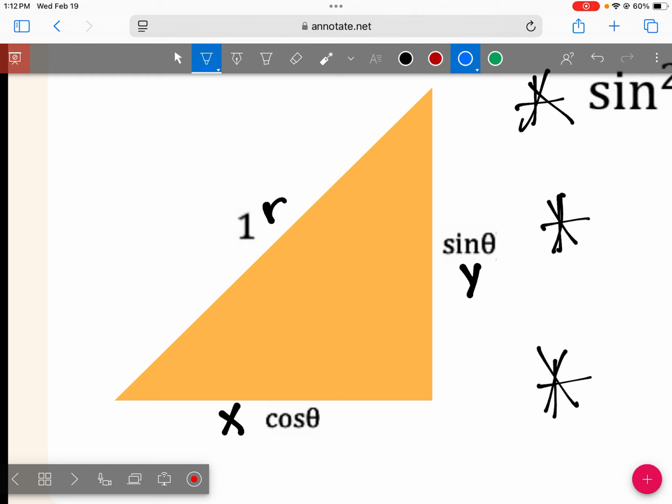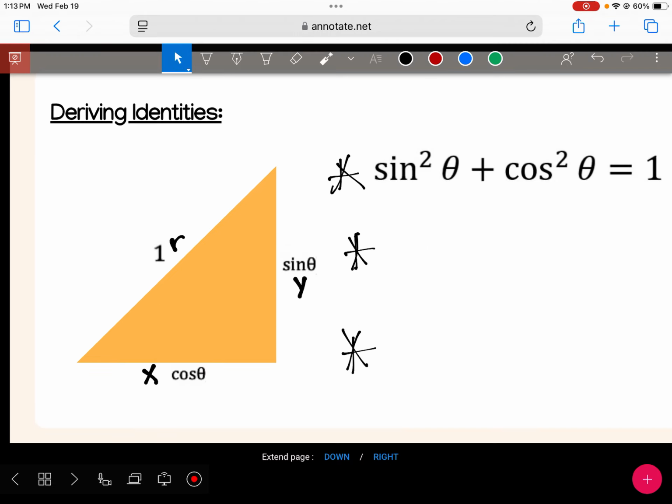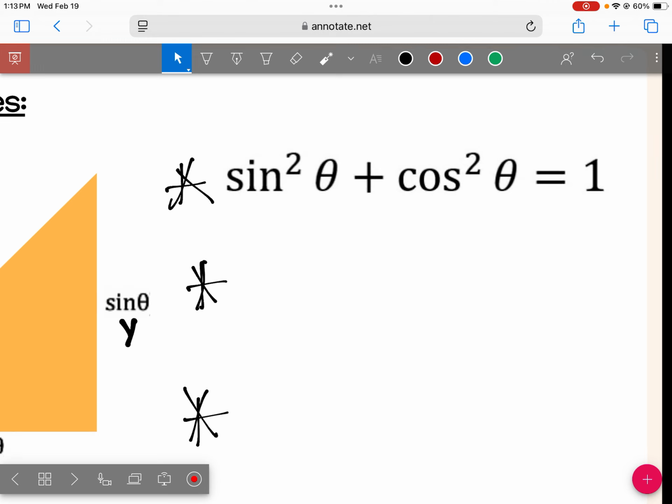On the unit circle, that's what all of those things mean. It's literally just illustrative. Okay, cool. So this is going to be your best friend. Sine squared plus cosine squared equals 1.